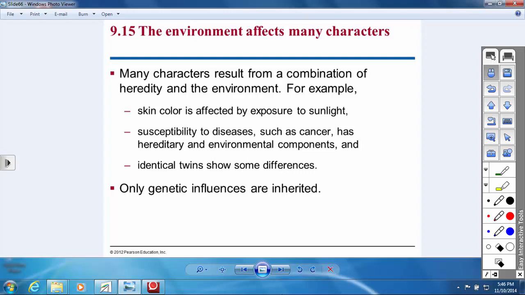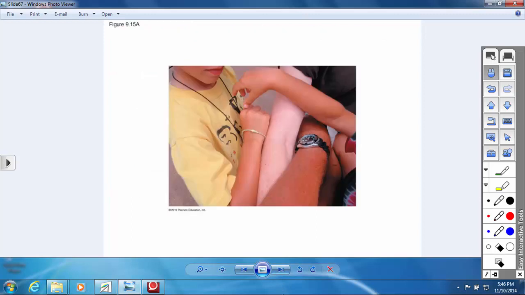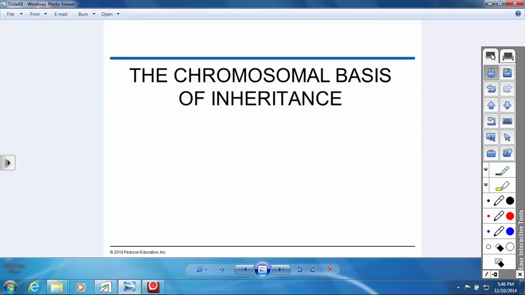Cancer can be hereditary with certain environmental components. And identical twins can show differences, and all sorts of different things where the environment can cause a different phenotypic expression. And there's your skin color, right?